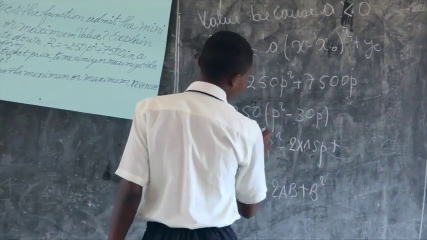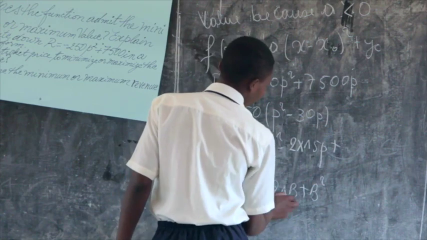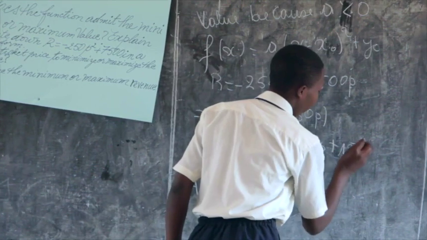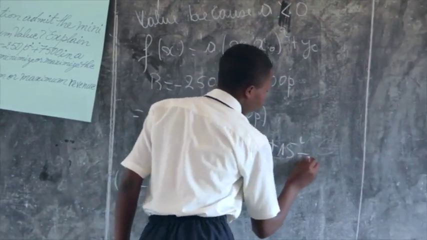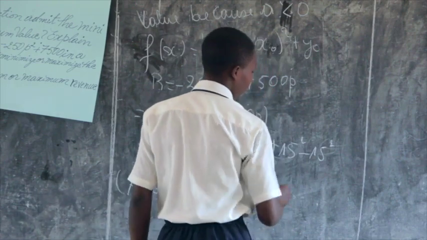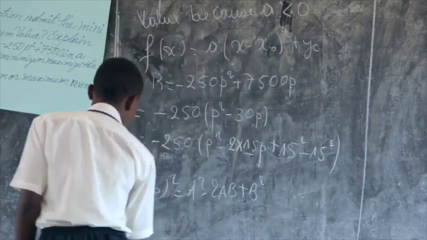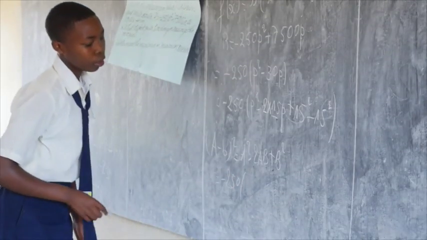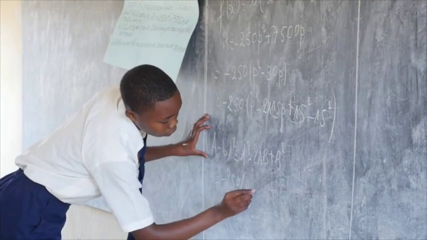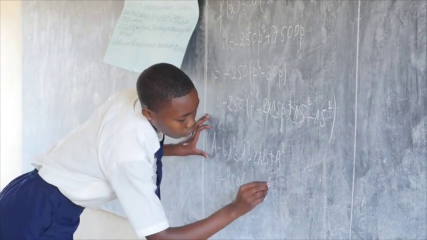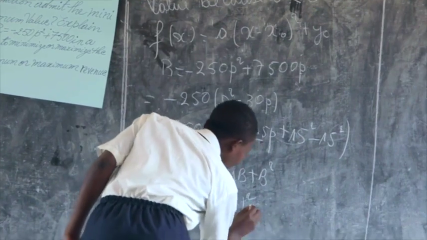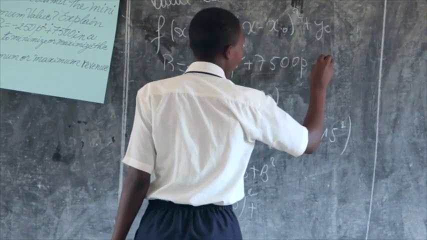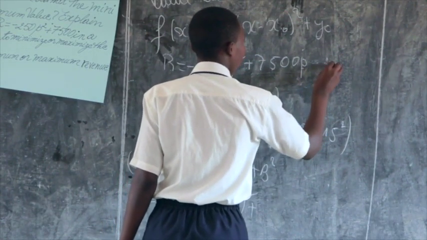A here is p, then b is 15, then you add b squared, 15 squared, minus 15 squared. This is equal to minus 250 times p minus 15 squared plus 15 squared, which is 225.